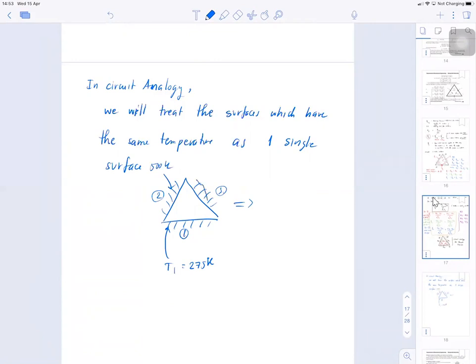This is 500 Kelvin. Okay, you can represent it by this.